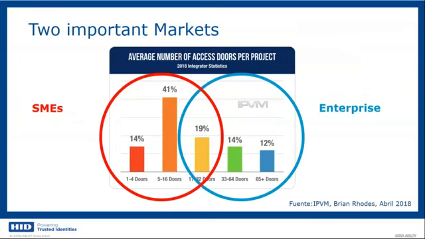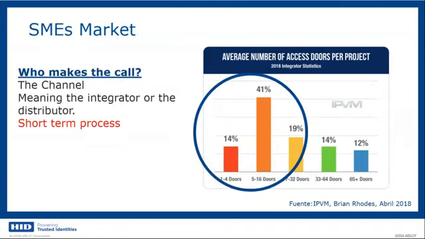So at the end, we can only talk about two important markets: the small and medium business, and the enterprise solutions, which are bigger, with a lot more doors and a lot more necessities to satisfy through our products. In the small and medium market, as you know, the channel is the one making the call.